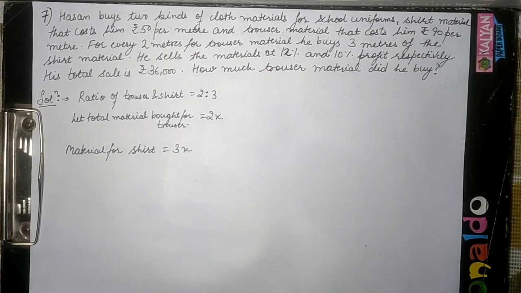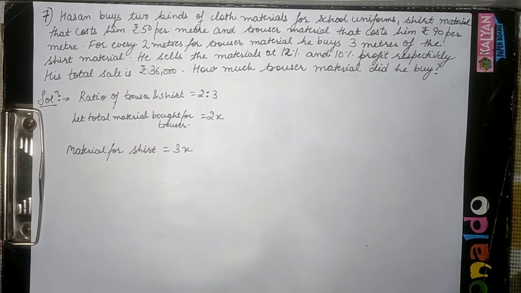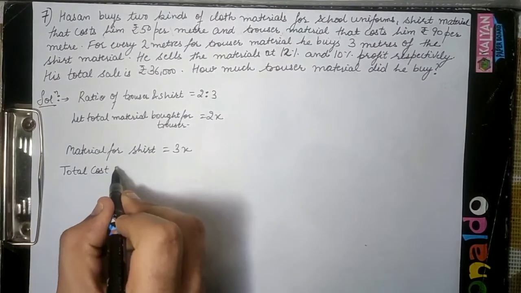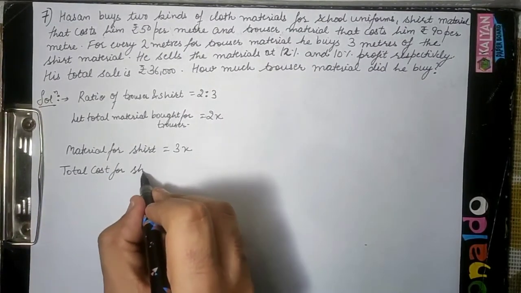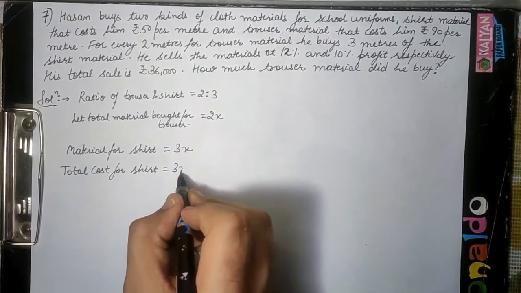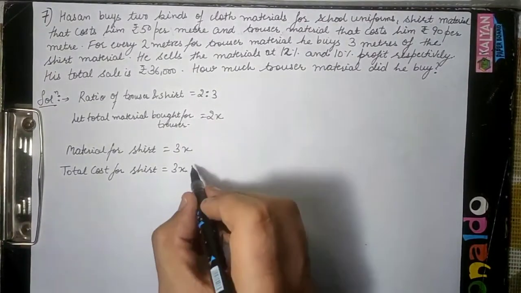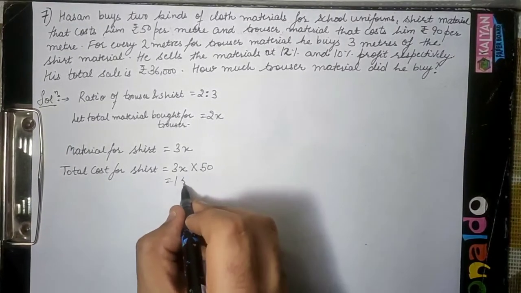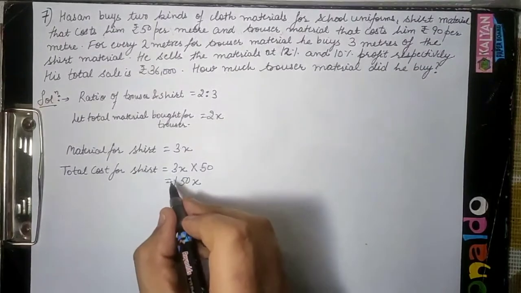So the total length of the shirt is 3x meters and the cost per meter is rupees 50. So therefore the total cost for shirt will be equal to 3x, the total length of the shirt, into the cost of 1 meter. So this will be equal to 150x rupees.